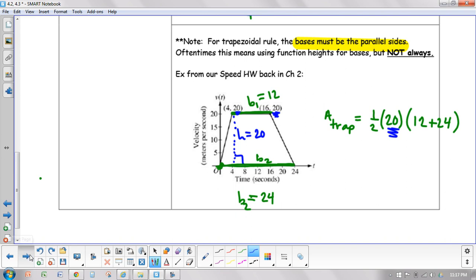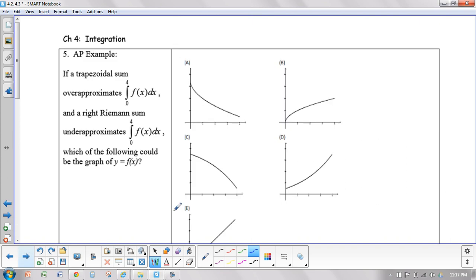Okay, one last thing. Here's an AP example, and it's going back to, okay, they tell you that a trapezoidal sum overestimates the integral, and a right-hand sum underestimates. So a trapezoidal sum being an overestimate automatically tells you that F needs to be concave up.